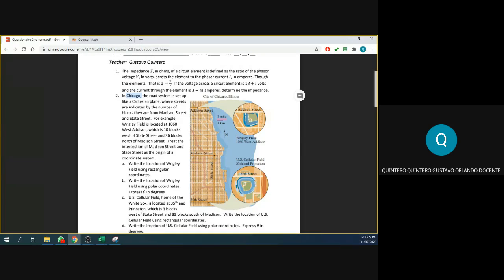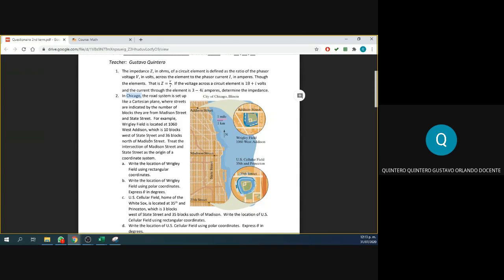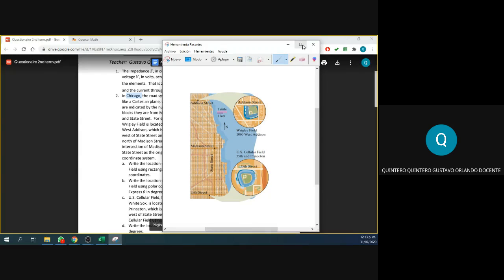A tiny piece of Chicago, right? And what the question is saying is that this can be seen as a Cartesian plane, right? A Cartesian plane. Remember, if this is a Cartesian plane, then if I were to write it down, of course, my plane will look awful because my hand is not steady and I am using my mouse for this.